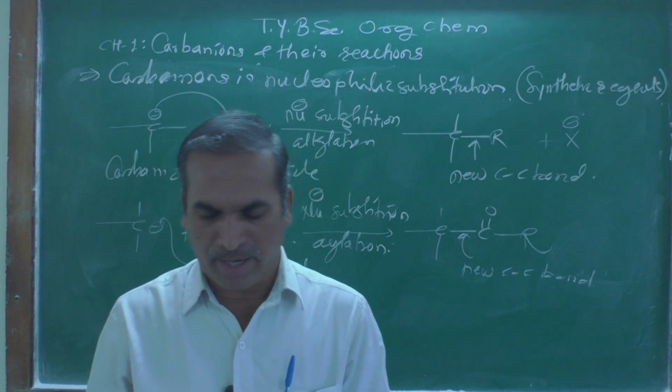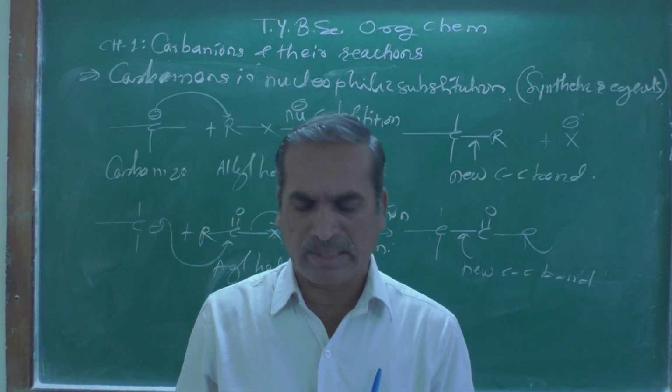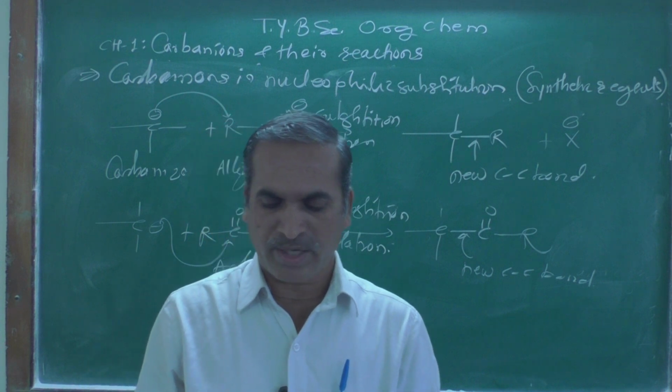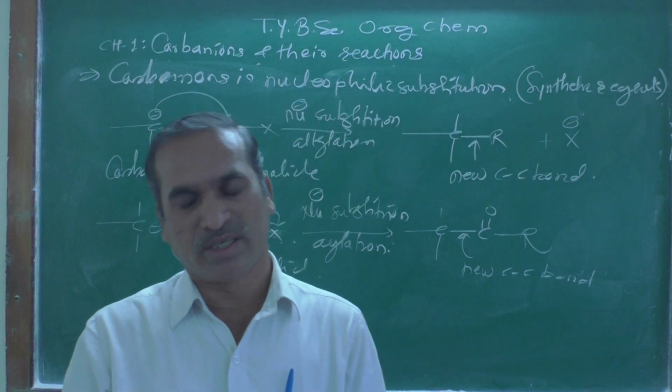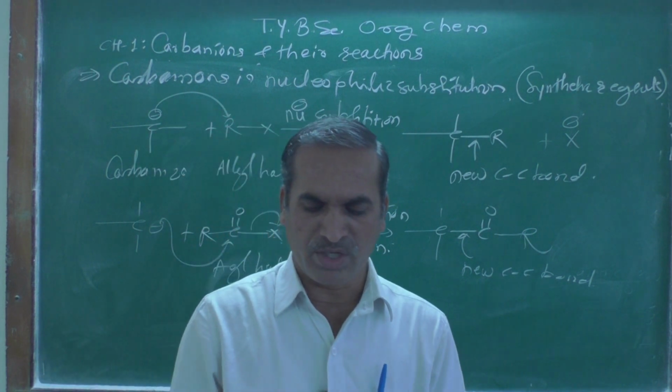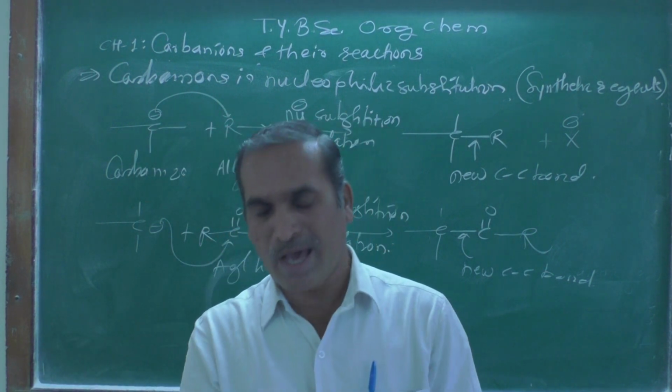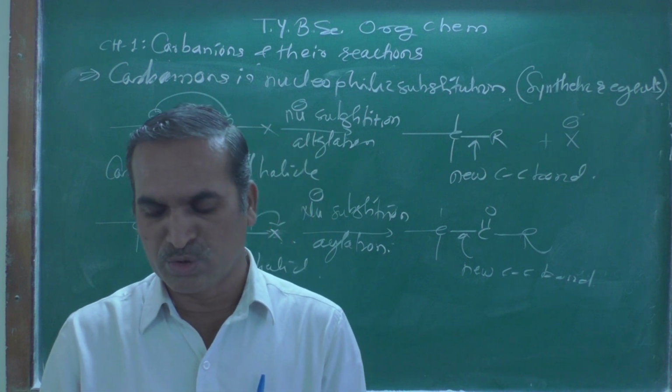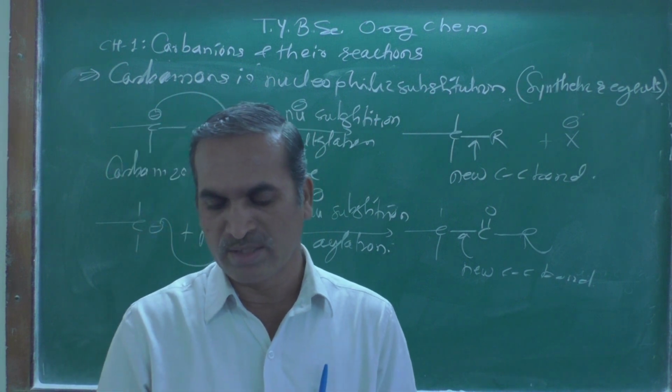And in this way various alkyl and acyl groups can be attached to the carbanion, and various compounds which generate a stable carbanion can be used as nucleophiles.